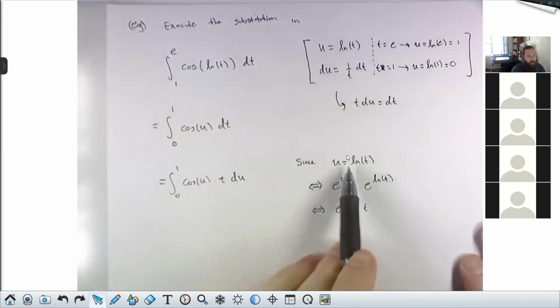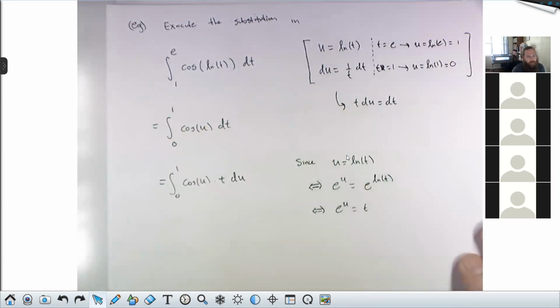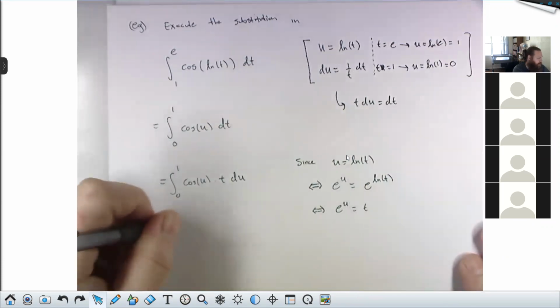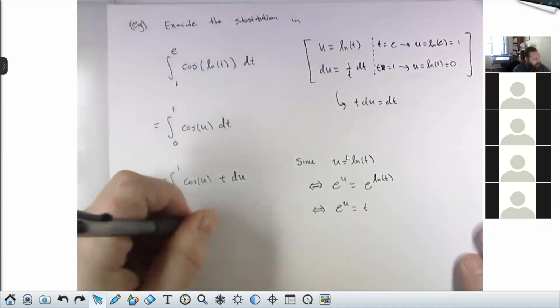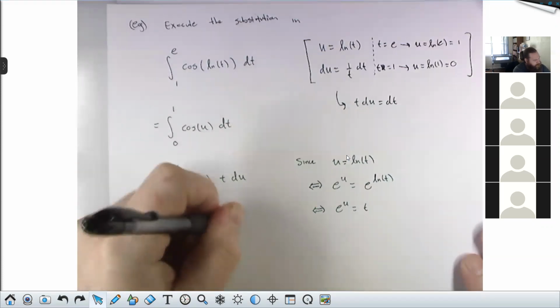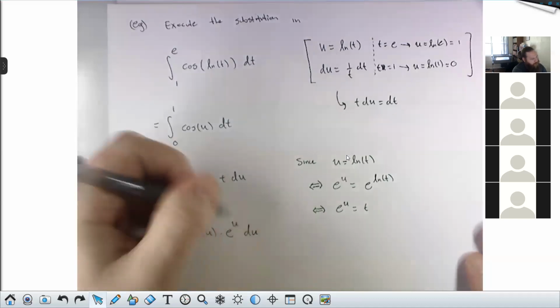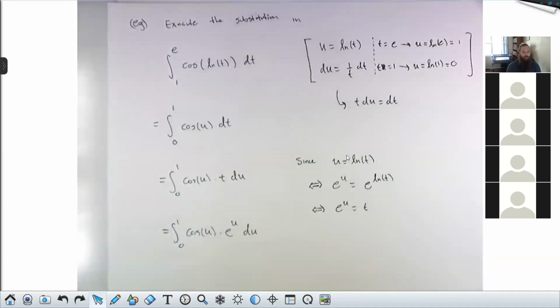So u equals the natural log of t is equivalent to saying t equals e to the u. All right, remember, natural log is the inverse of the exponential. So this becomes the integral from 0 to 1 of cos u times e to the u du. And now the substitution is done.